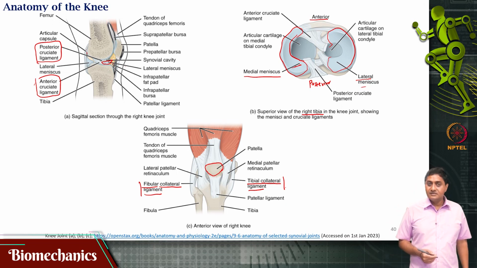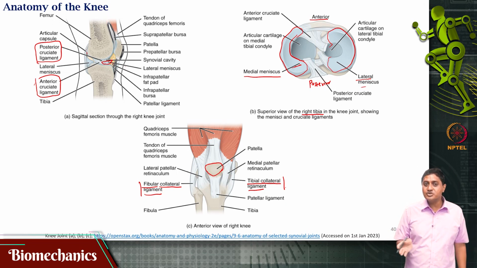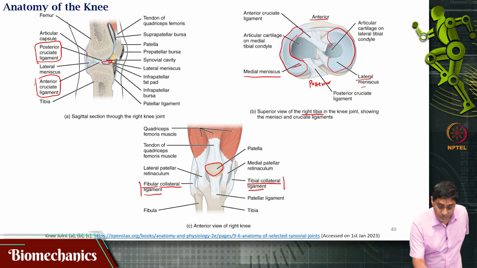Then there are a set of ligaments that cross over from the medial side to the lateral side, and there are 2 of those. The one that crosses over on the front side is called the anterior cruciate ligament.